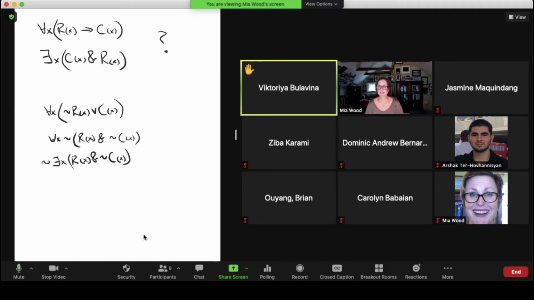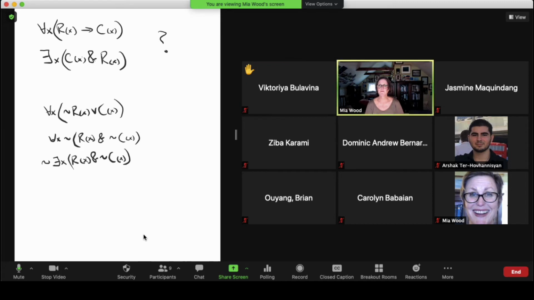So the final sentence says it's not the case that there is something that's in the room and not a class member. Because remember, only class members are in the room. So whatever is in the room must be a class member. The claim that you originally queried is a limited claim.